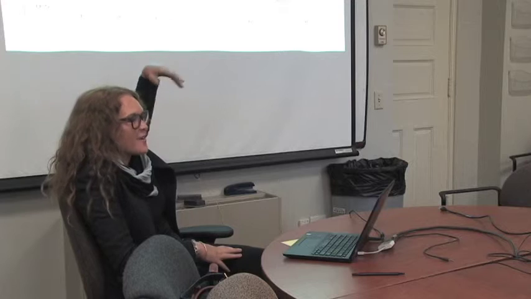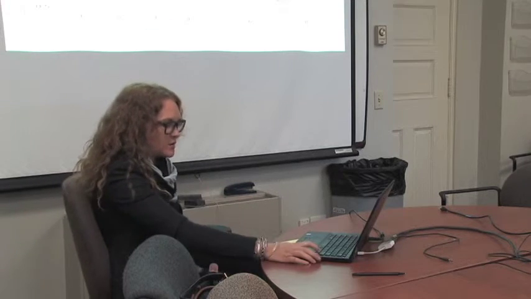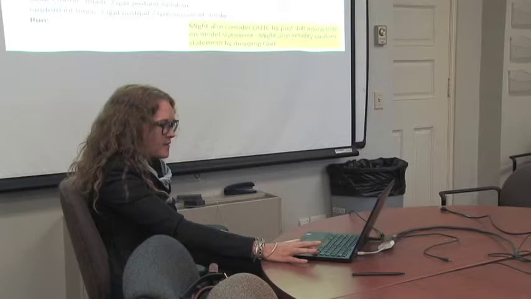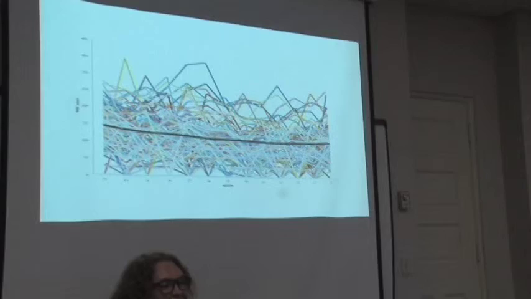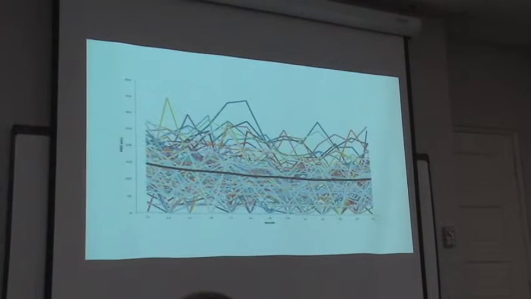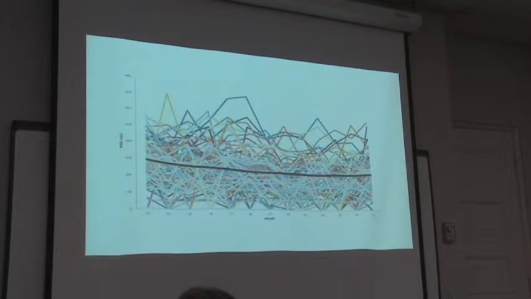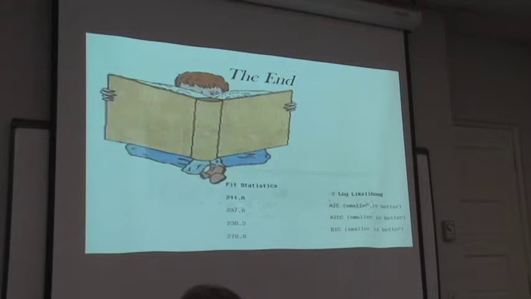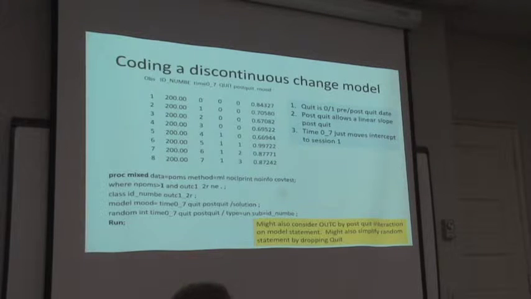This is what's going on in an RCT. It's not one type of person changing in one type of way. This is something I found that I thought was nice. It's like this is our world. Yeah, it looks like a trash can, doesn't it?